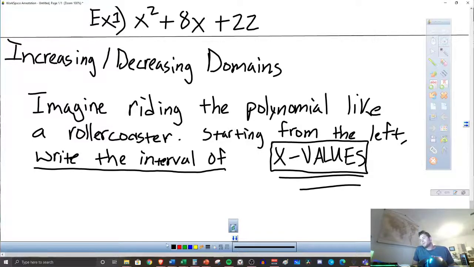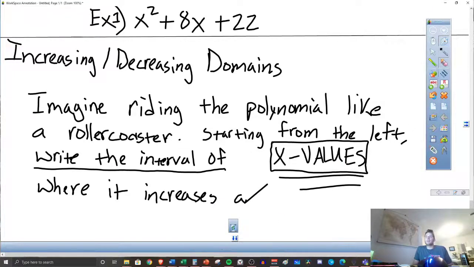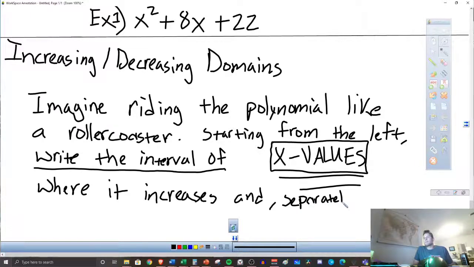So we're writing the x values where it increases and, say separately, decreases. That's what you got to think about.